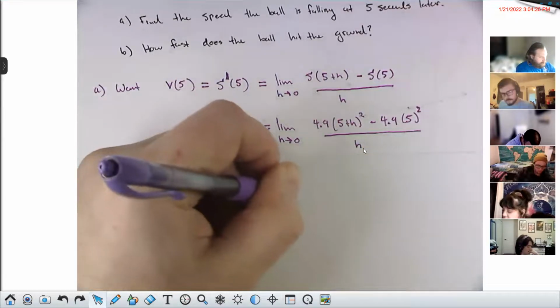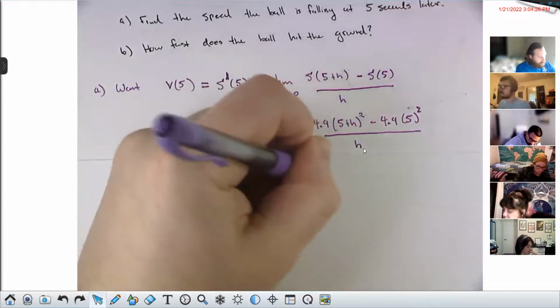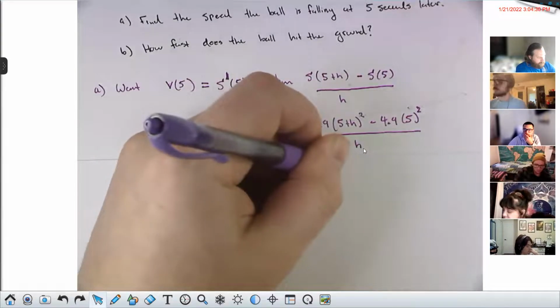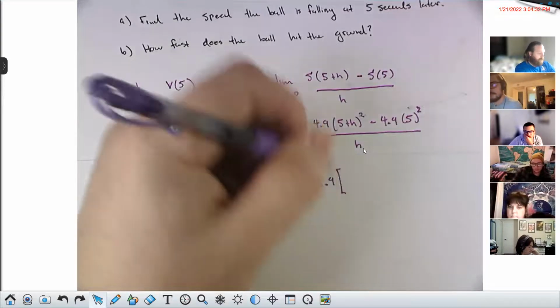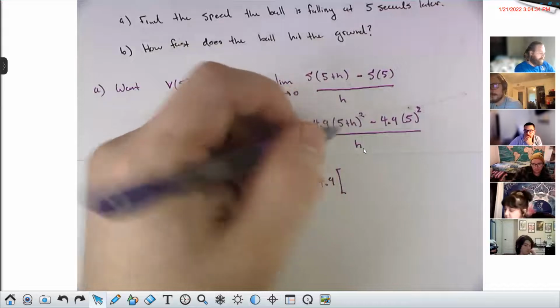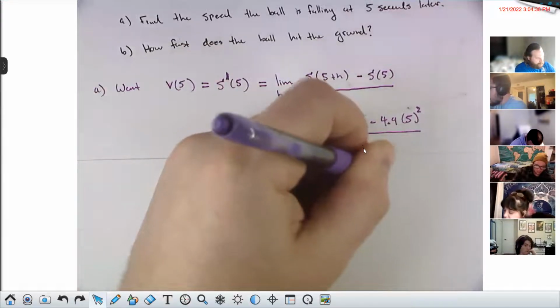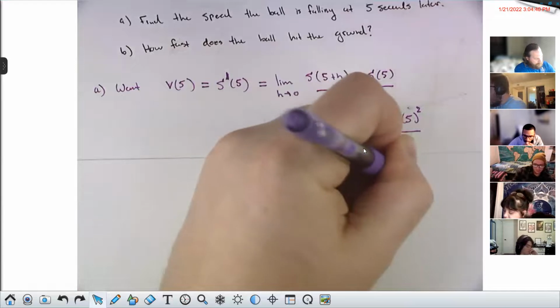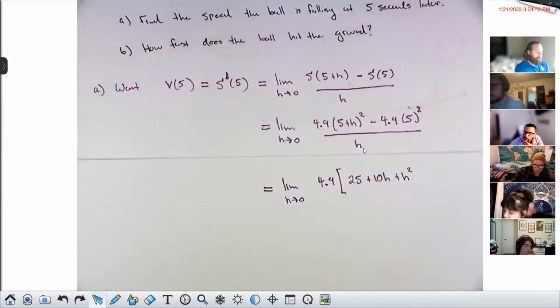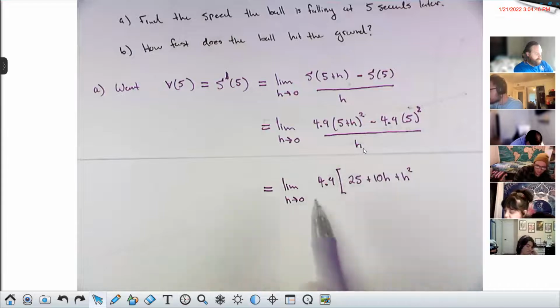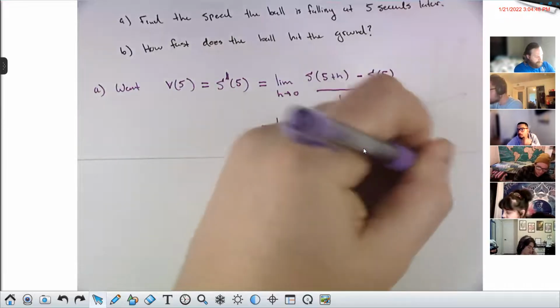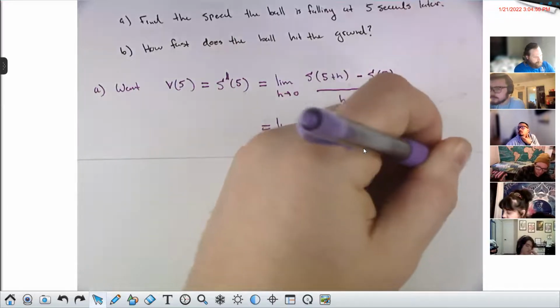Let's do the limit as h goes to 0. I'm going to factor out the 4.9. And then I've got my 5 plus h squared here. That's 25 plus 10h plus h squared. This 4.9 is gone. I factored it out. So I'll have minus 5 squared. That's minus 25.